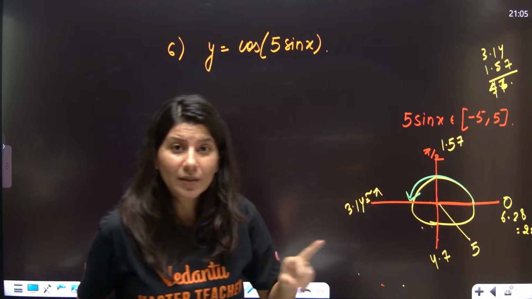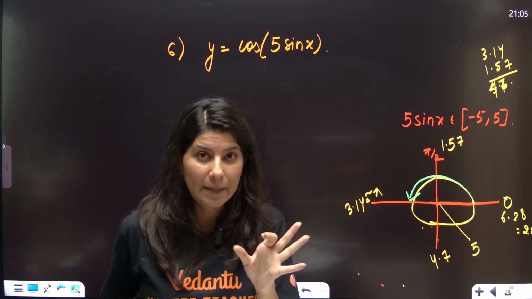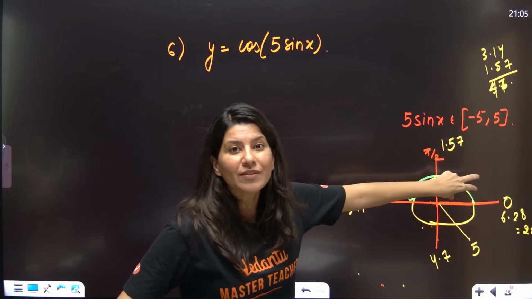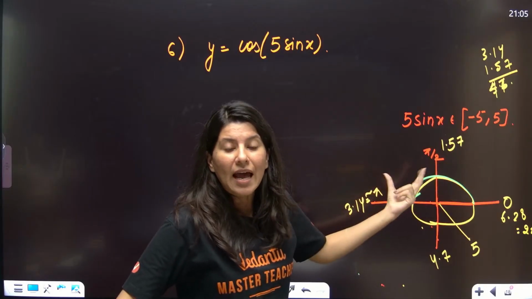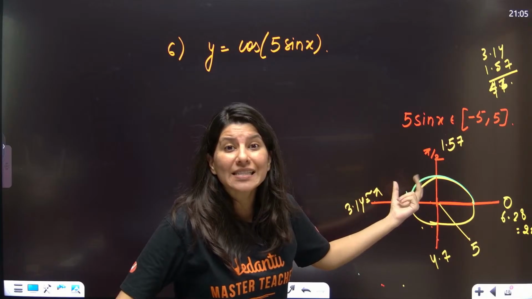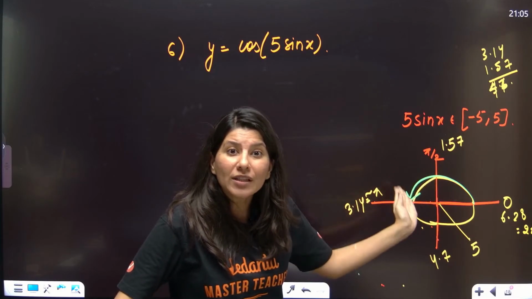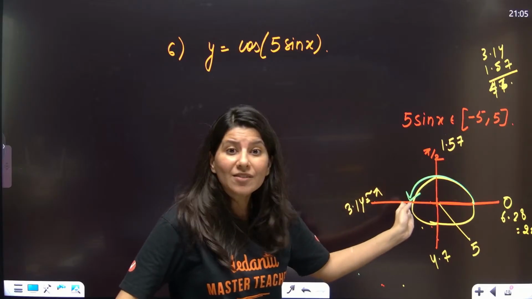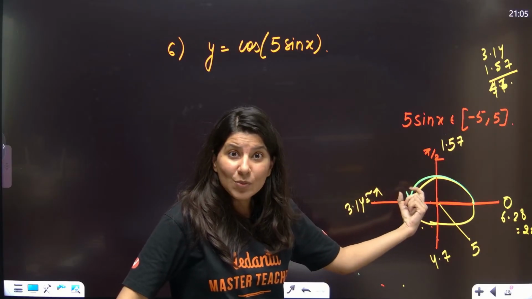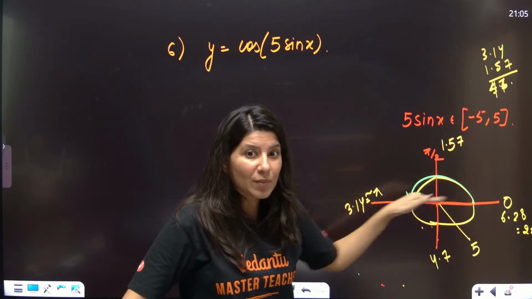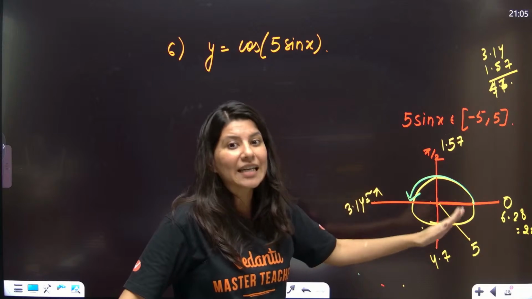If I talk about cos, from 0 to pi by 2 all the positive values we will get, between 0 and 1. And from pi by 2 to pi, cos is negative in the second quadrant, so we will get all the values from 0 to minus 1. So minus 1 to 0 from here, and 0 to 1 from here, and after that the values start getting repeated.